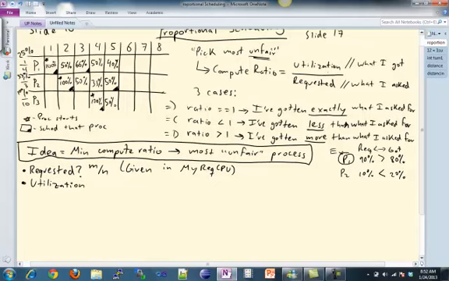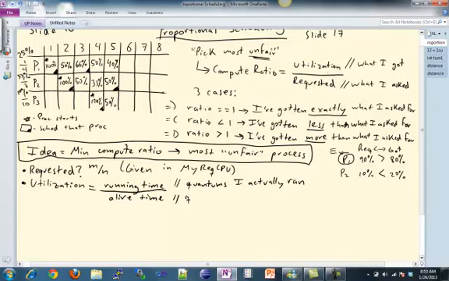Okay? And utilization, we are going to define as running time over a lifetime. And that's basically what we did in this example, right? So it's quantums I actually ran over quantums I've existed.